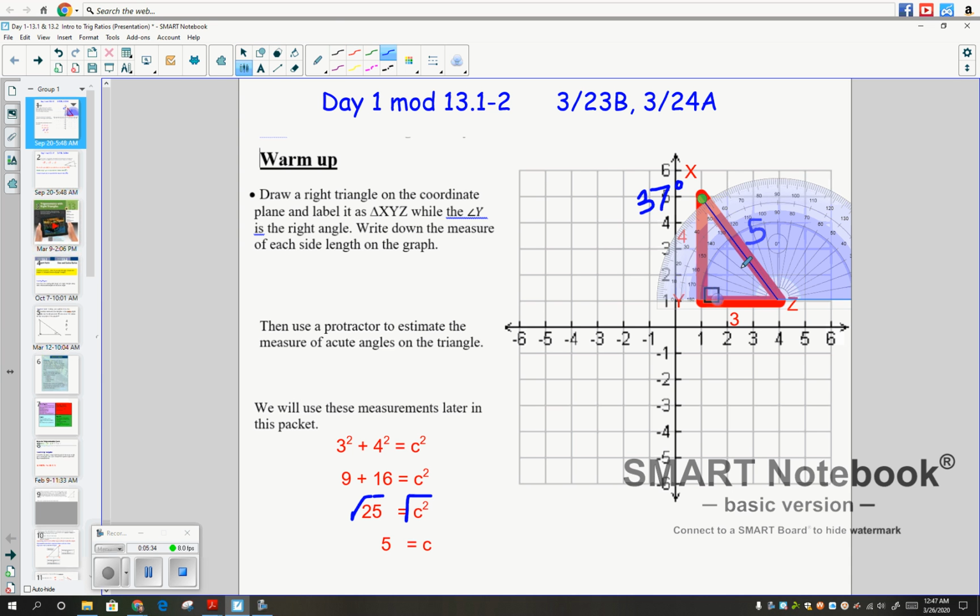Okay, now remember, we're measuring this by hand with a protractor. We're not always going to be exact, okay, but we kind of want to be close.